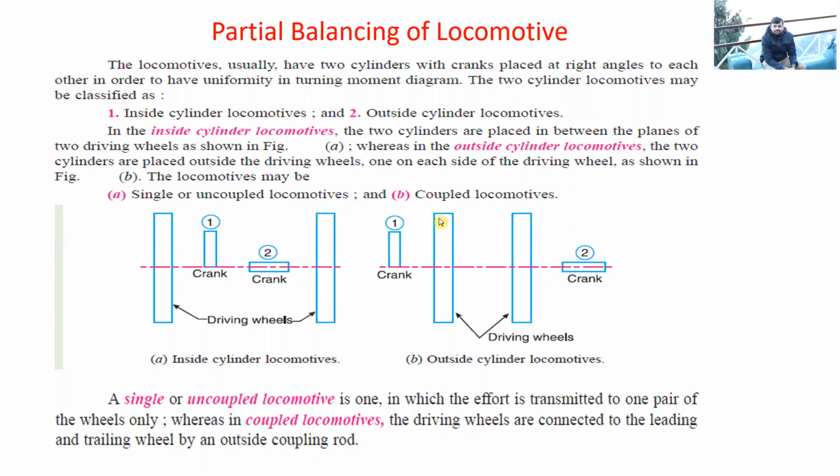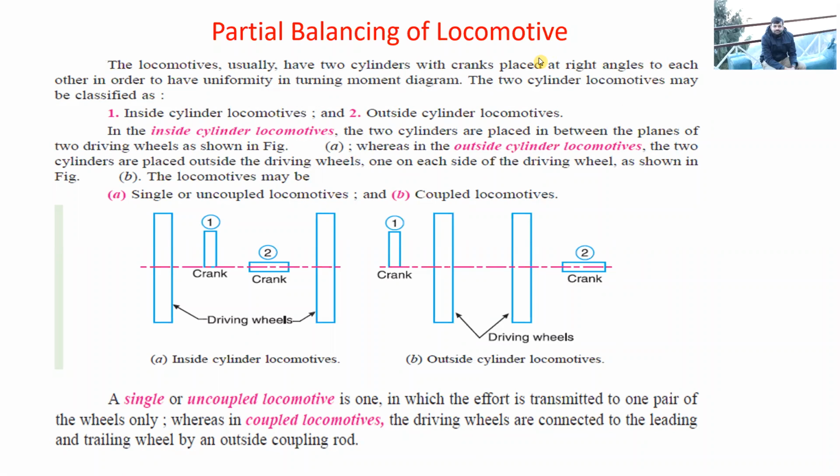One was along the line of stroke, and the second one was perpendicular to the line of stroke. This is what we discussed in the last lecture, and we also derived the expression by which we can determine the total amount of unbalanced force present due to reciprocating parts.